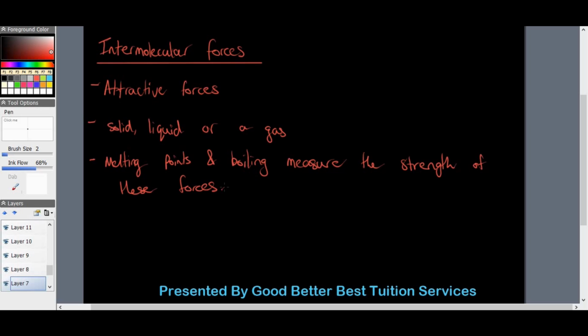Substances with low melting points and boiling points are held together with weak intermolecular forces, but higher melting points and higher boiling points prove true what I just said: especially with boiling point, if it is very high, there are very strong intermolecular forces there, because you need more energy. We need to increase the temperature so we can have more energy to break those bonds apart.